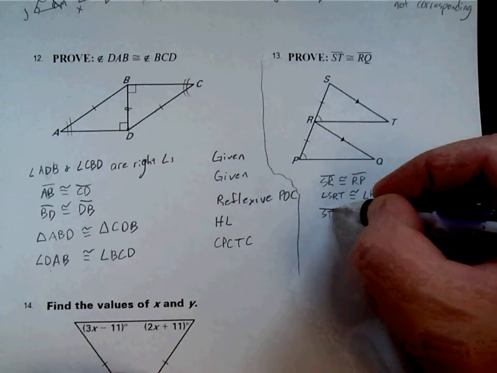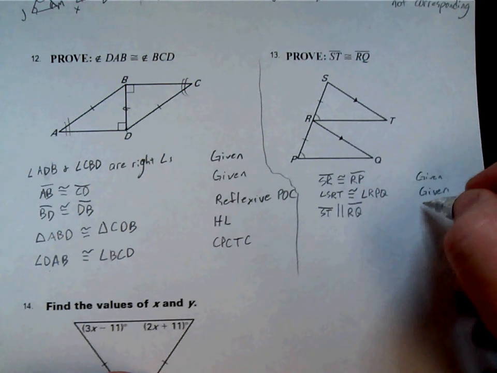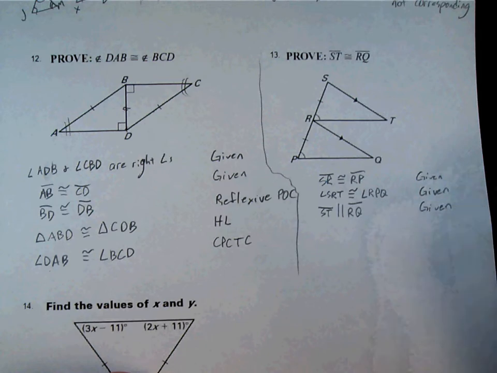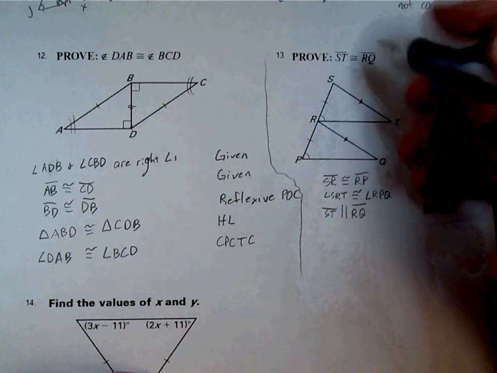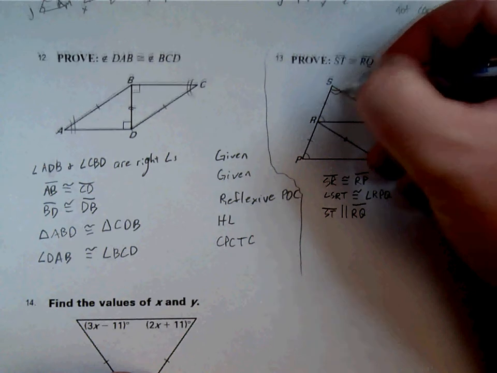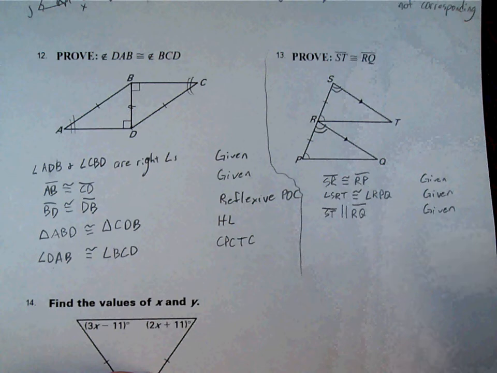It also shows that ST is parallel to RQ. And that's also given, but that's not a congruency, but usually that's used to say that alternate interior angles are congruent or corresponding angles. Looks like maybe I have some corresponding angles this time. This angle here would be corresponding with this angle there, because they use the same transversal.